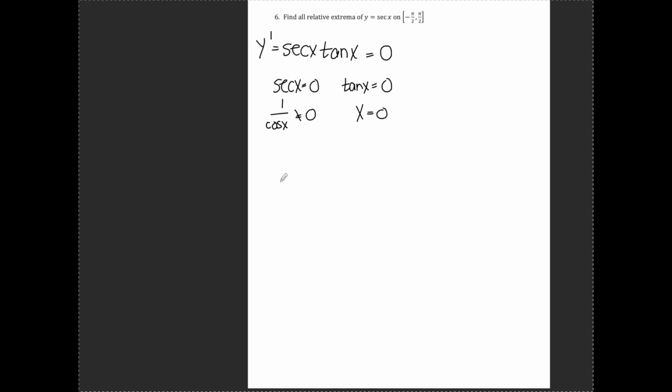Now I'm looking at the interval negative pi over 2 to pi over 2, and the critical value I just found is 0. This is a y prime number line, and I'm going to test values in each of these intervals. So first, if I test negative pi over 4, I have secant of negative pi over 4 times tan of negative pi over 4. I know that negative pi over 4 is in the fourth quadrant.